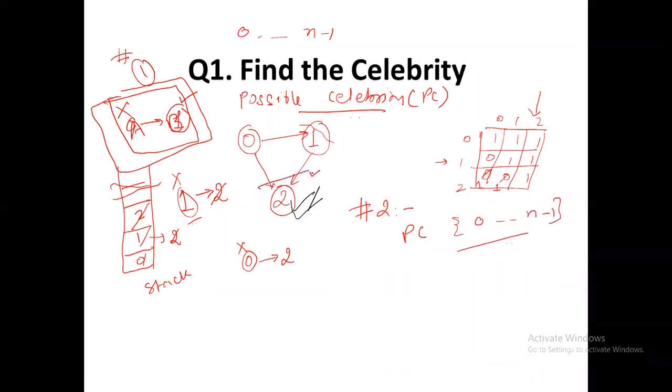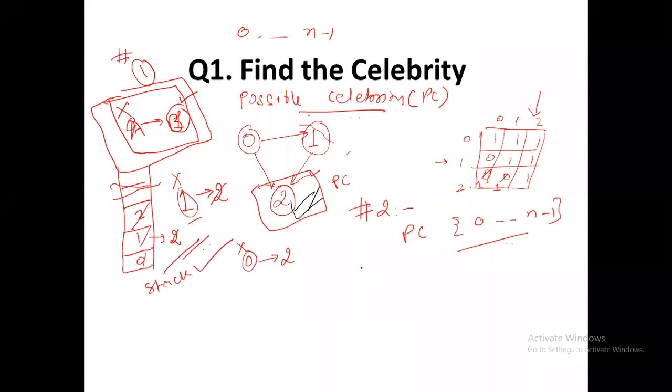But all others can know PC. For the possible celebrity, all others should know this possible celebrity, but the possible celebrity should not know the other candidates.